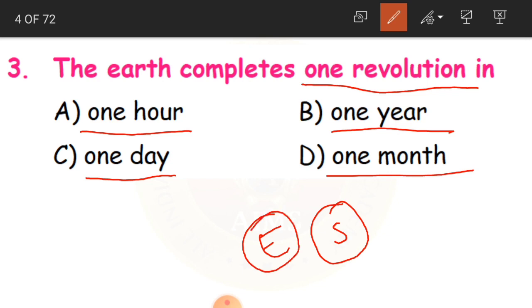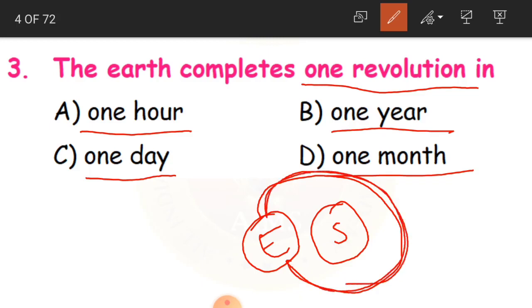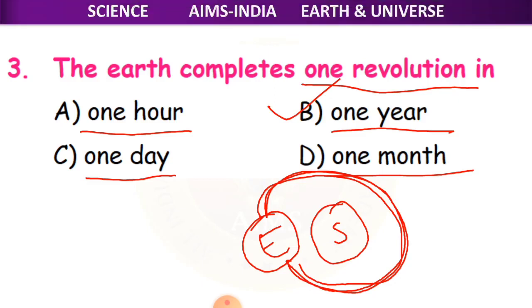The planet earth goes around the sun, and to complete one round around the sun, it takes 1 year for the earth to complete one revolution. Clear? So the answer is B.